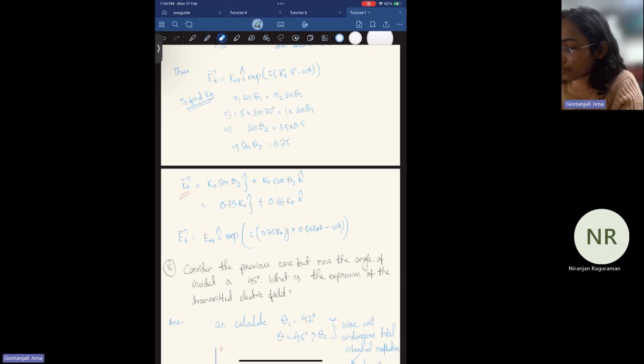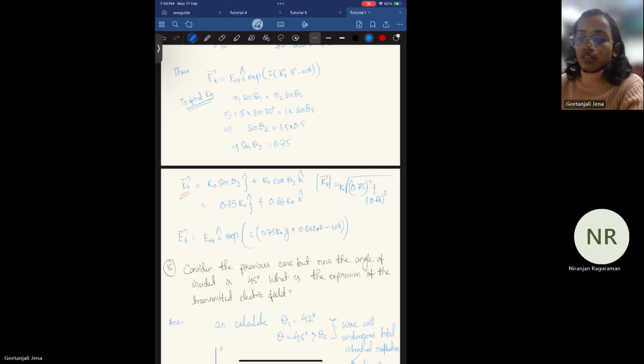Magnitude of kt. kt will be square root of 0.75 square times k0 plus 0.66 square. Okay. So what will be the value for this?